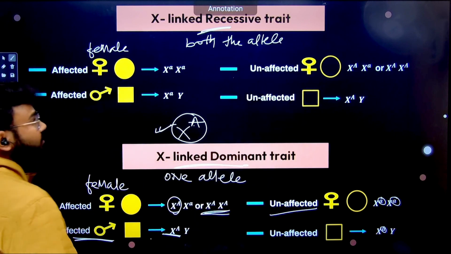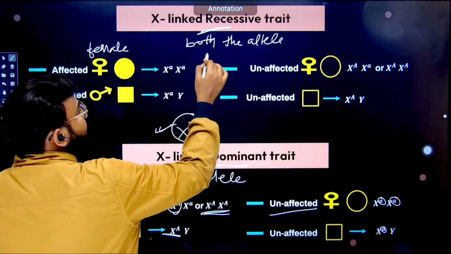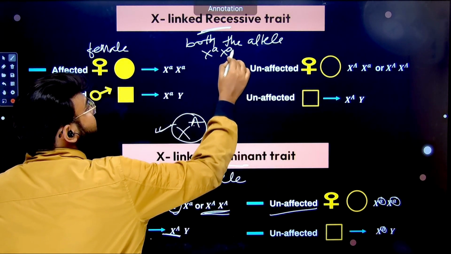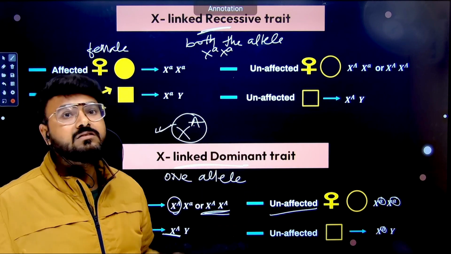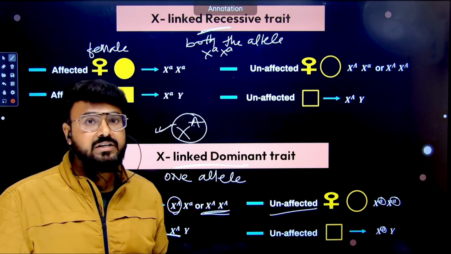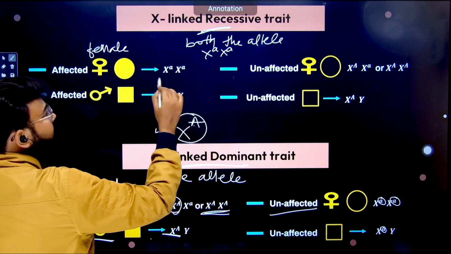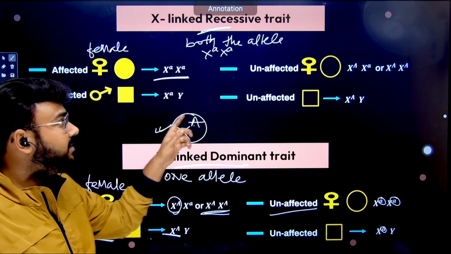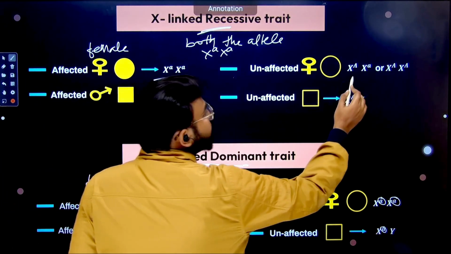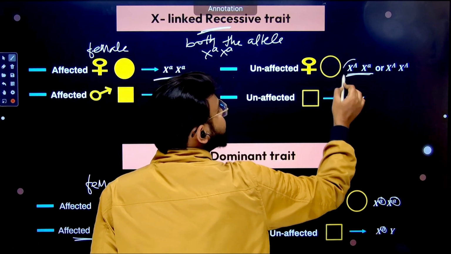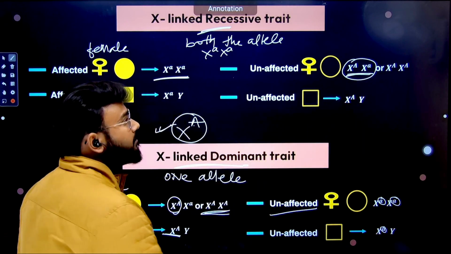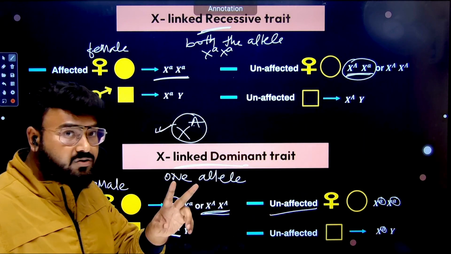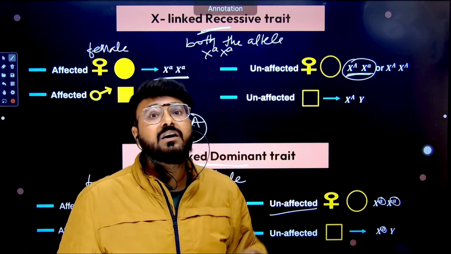Until and unless we have both alleles, the recessive ones on the X chromosome, the small a, which indicates the mutant gene, the female will not be affected. Both are required, then only the female can be affected. Otherwise, if at least one is there, she is basically our carrier. This can be the carrier, because females have two X chromosomes where one is affected but the other is normal.